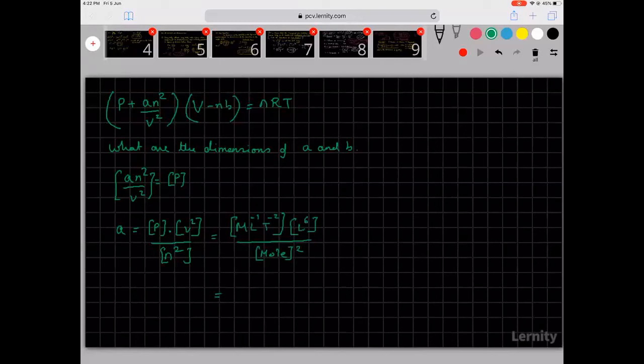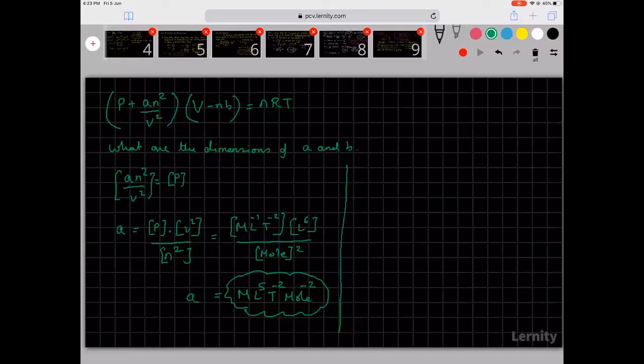So when I simplify this, it will become m L power 5 T power minus 2 mole power minus 2. So this is the dimension of A. Okay, so this is how I find out.